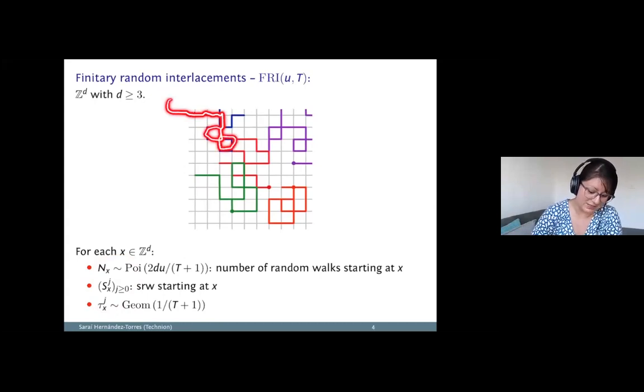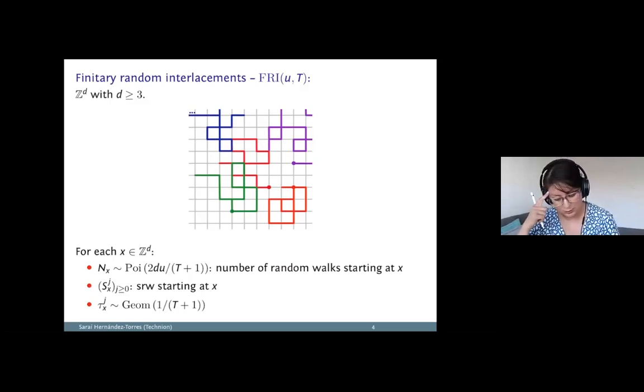It's possible that we have these events that happen with small probability, but are going to happen. I get a very, very long random walk that comes from somewhere else and enters into my box. And as I mentioned, I'm interested in the chemical distance. So these kinds of paths are relevant for what we're going to do. So let's keep that in mind.